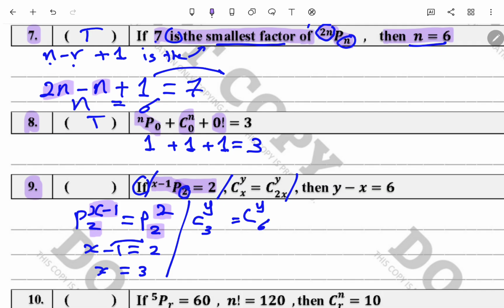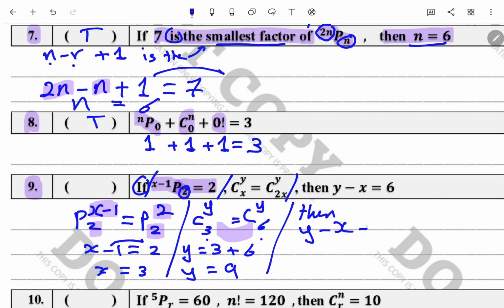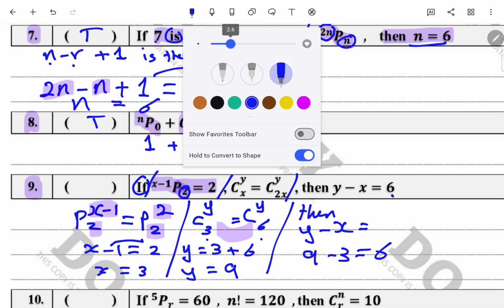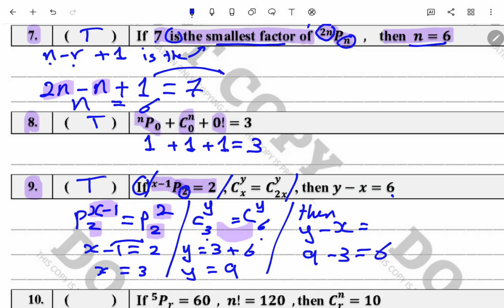I can add these together, and by down plus down equals up, y equals 3 plus 6. That will give you 9. Now we're going to subtract them. Y minus x should give you 9 minus 3, which is 6. The same as the question, which is true.